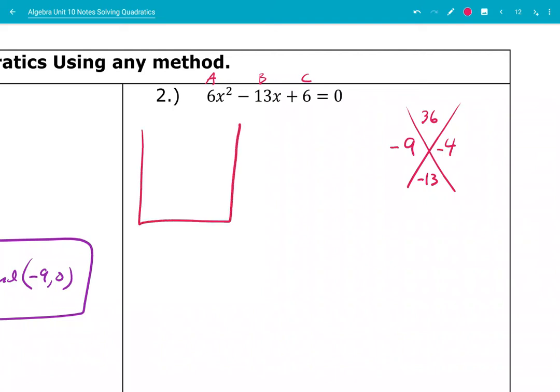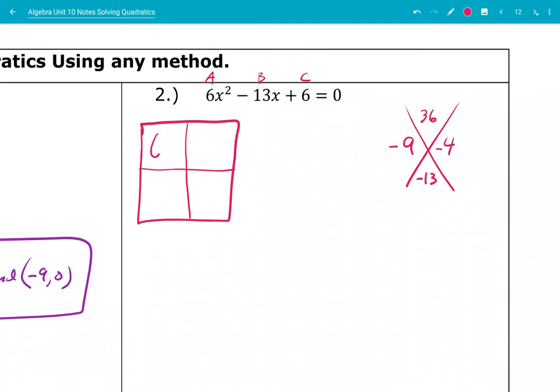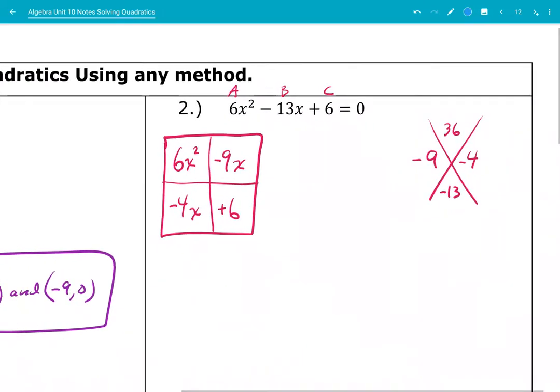So now I can factor here. That first term and the last term, those work, but now I'm going to use these 2 terms instead. And then I'm going to find some factors out here. So let's see. Well, I know an x and an x goes here.